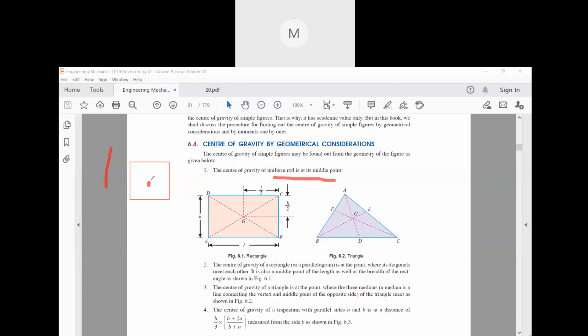How will you find out the middle point? Here, you have to draw the diagonals. So you have to simply draw the diagonals here like this, and the other diagonal in this manner.